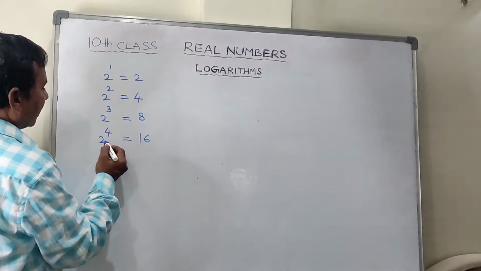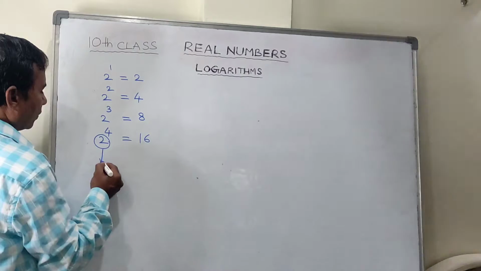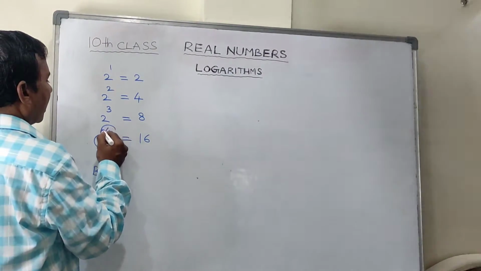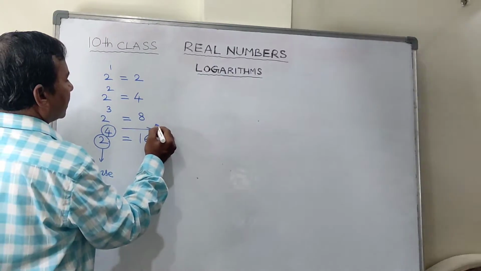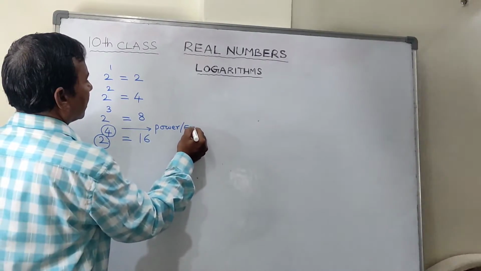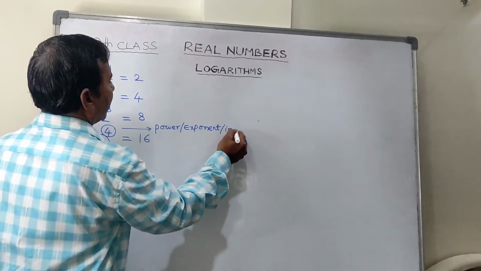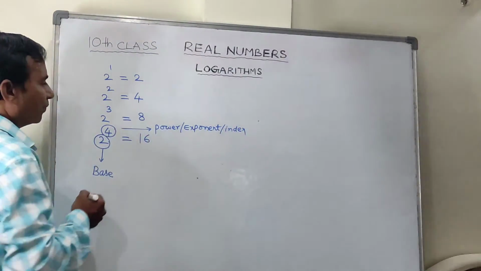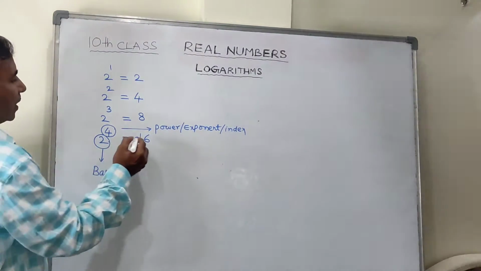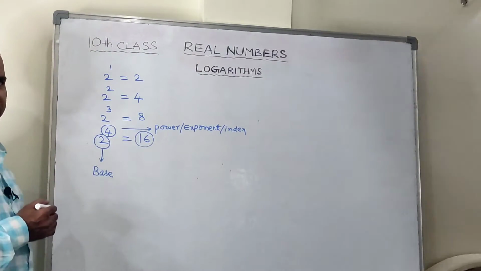If you see, in this 2 to the power of 4 is equal to 16, this 2 we call the base, isn't it? And this 4 we call the power or exponent or index, and this is the value of the result.